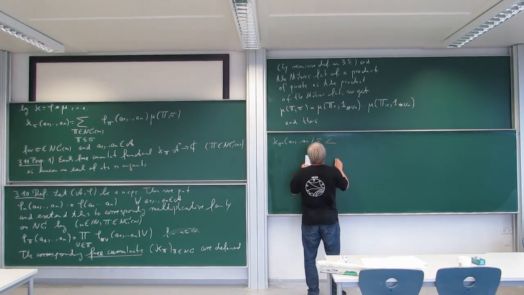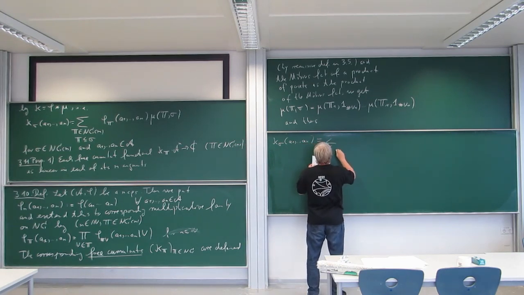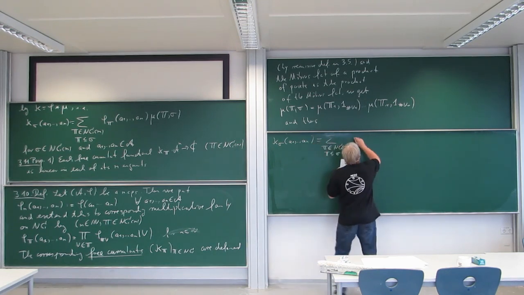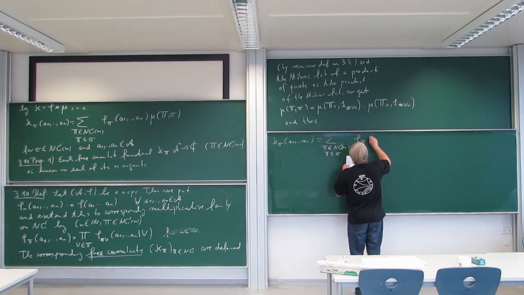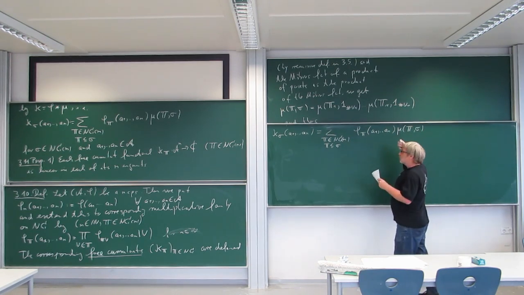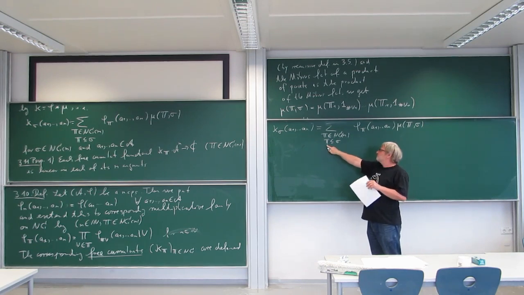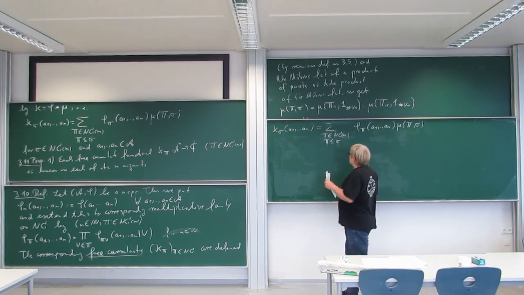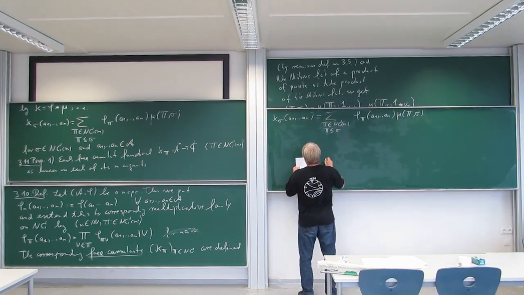Okay, so by definition this is the sum over pi in NC(n), where pi is less or equal to sigma, and we have phi of pi of a1 up to an multiplied with the Möbius function of pi sigma. Good, okay, but now we know each pi less or equal to sigma can be written as this union of pi 1 up to pi r.